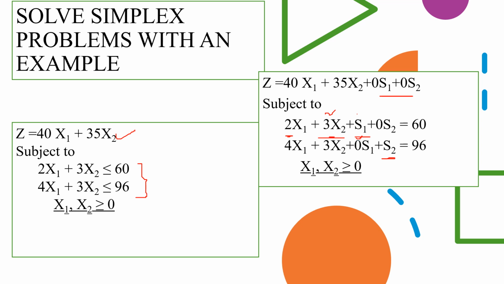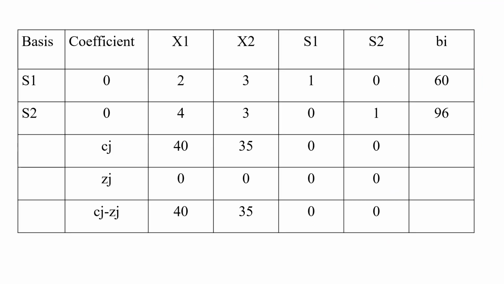If you do the primary rough work in this manner, the next step is to develop the matrix. 2x1, 3x2, 1s1, 0s2, this is the first constraint, its value is 60. 4x1, 3x2, 0s1, 1s2, value is 96.